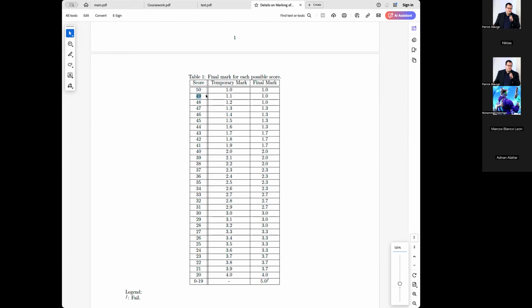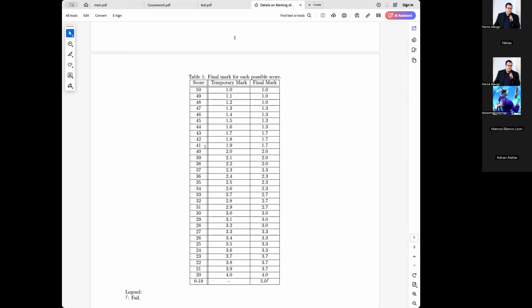Say you have 49 points. This would be a 1.1, but we only have valid marks 1.0, 1.3, 1.7, 2.0, and so forth. So we always round this to your advantage. So a 1.1 would be a 1.0. 48 would be a 1.2, which would be a 1.0. If you have 47 points, including the bonus, this would be a 1.3. 46 points is a 1.4, which would be a 1.3, and so forth.